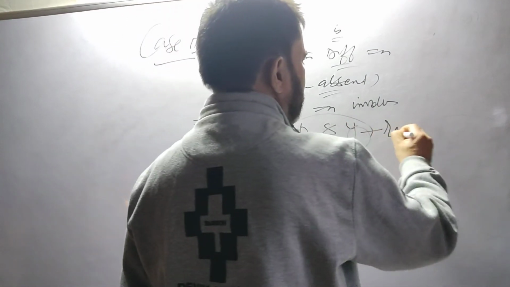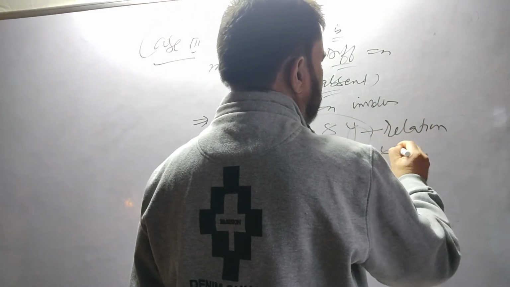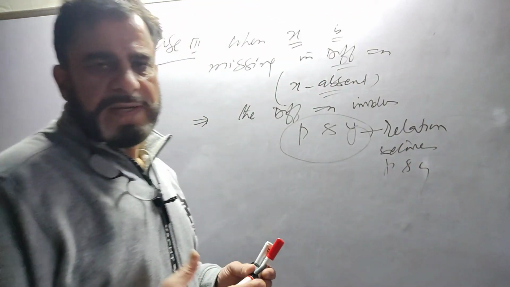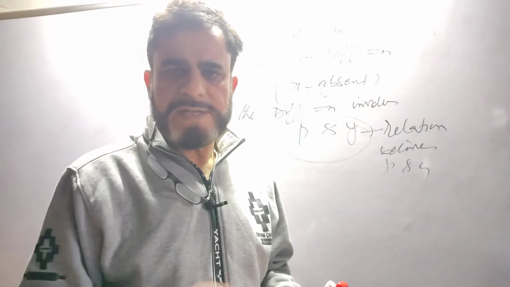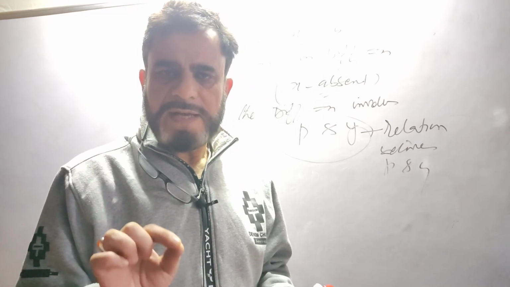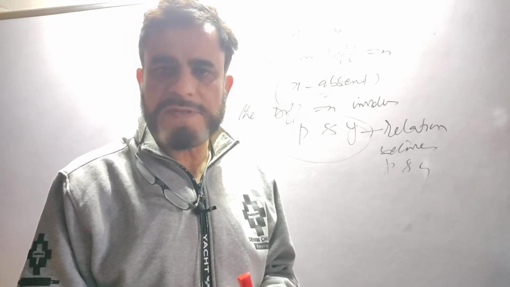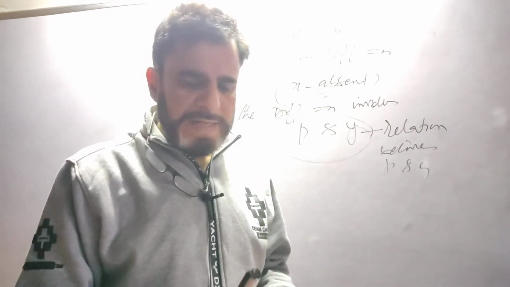A relation between what? P and y. When x is missing, actually in such equations we have seen that x, y and p are involved. But if x is missing, that means the differential equation will involve only y and p.